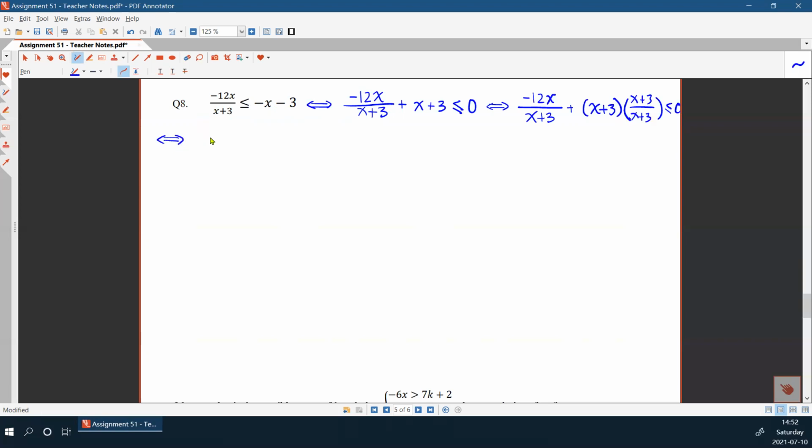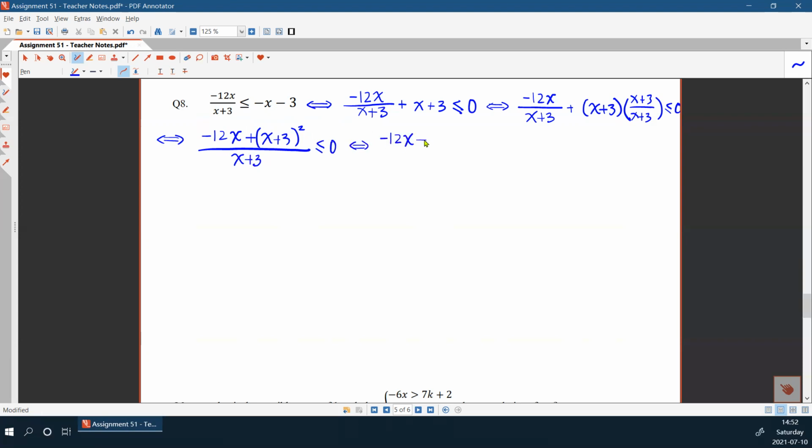Then this is equivalent to minus 12x plus x plus 3 squared over x plus 3, smaller than or equal to 0. And then let's expand the numerator here.